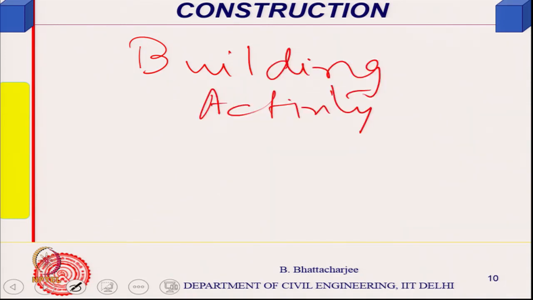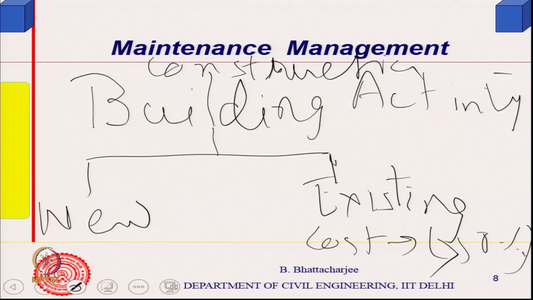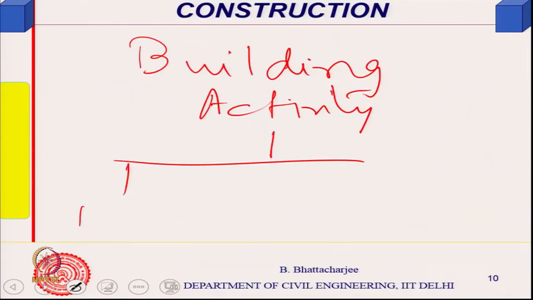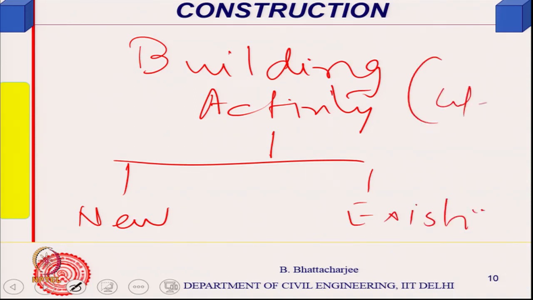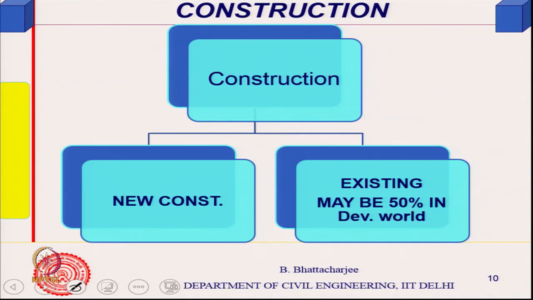If you look at it, new and existing, I have a better slide for this, the next slide will be better. So, building activity, then I can say construction, new construction and existing construction. This is what is there in the next slide. This is what I was calling building activity.